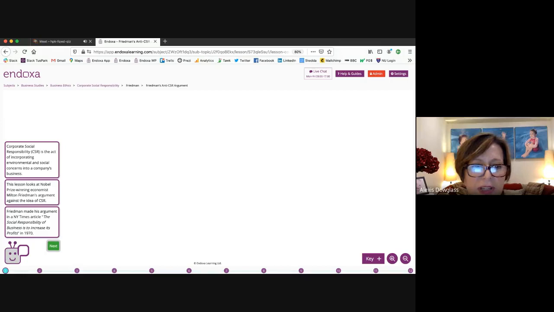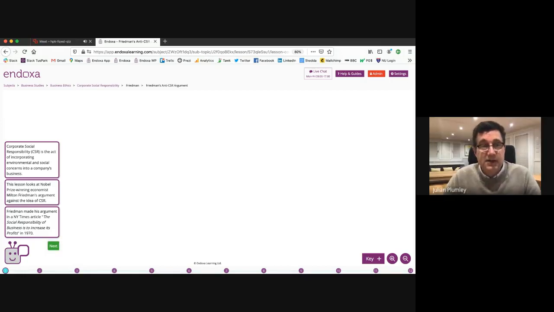And Julian, where do I start on this page? So this is the app itself. This is the first stage of a lesson. All the lessons come in stages. You can see the numbers of the stages at the bottom. So this is 1 to 12 in this case. The argument is going to appear here in the center. And you start off actually with some instructions and introduction on the first stage.